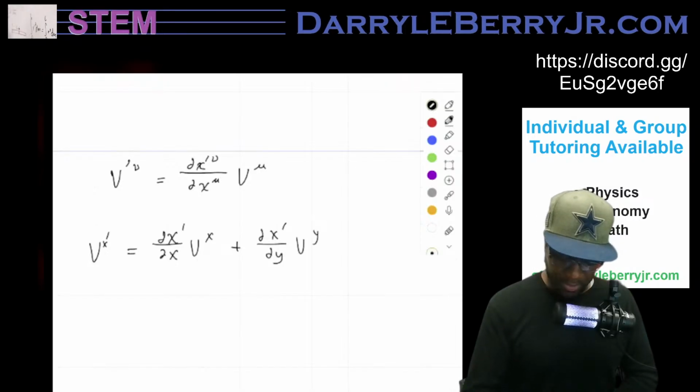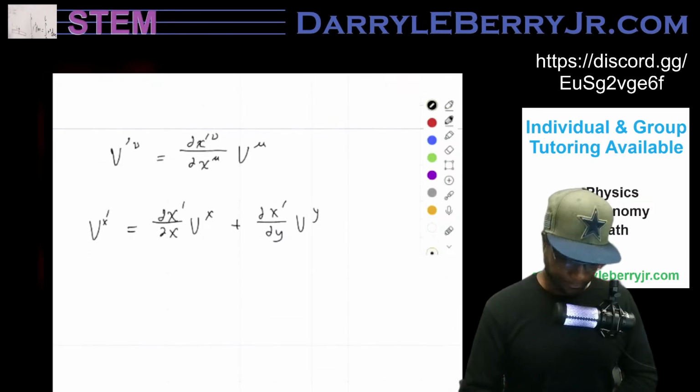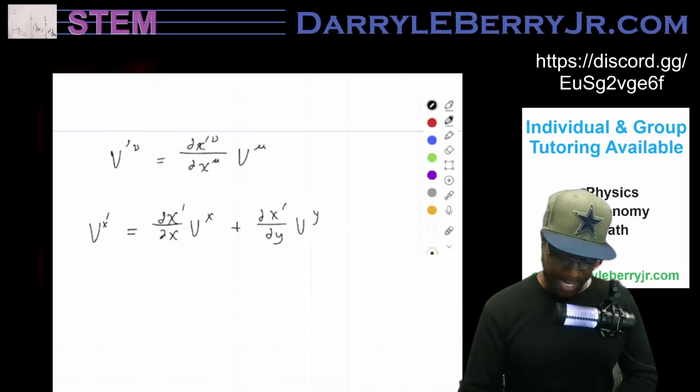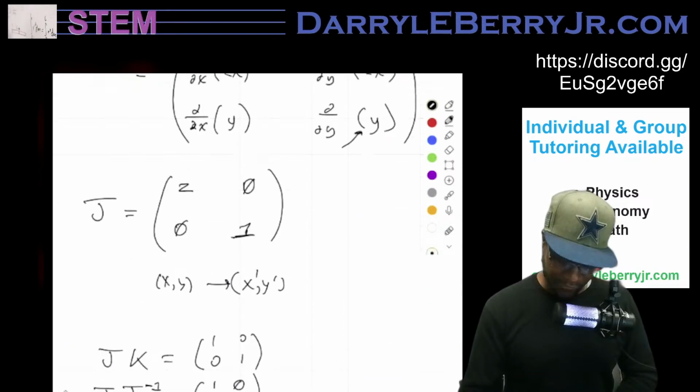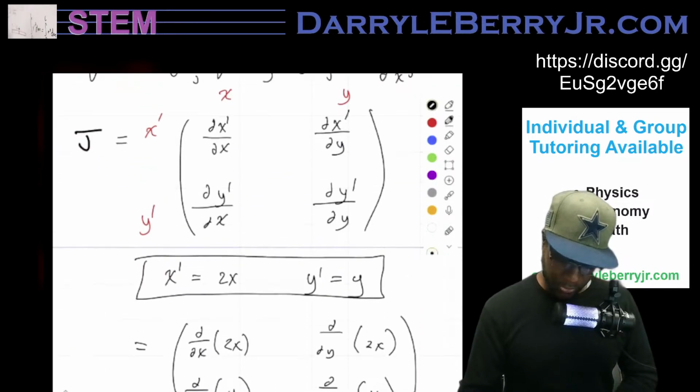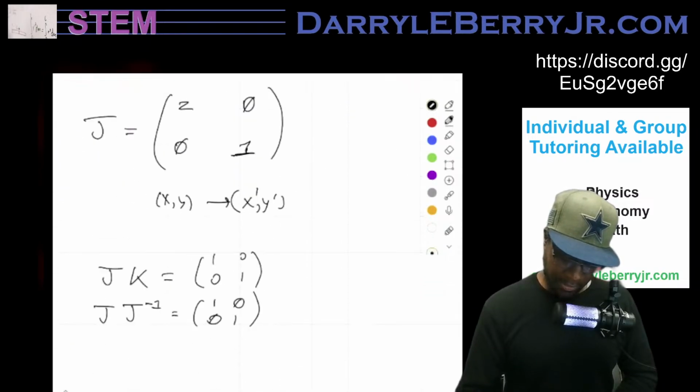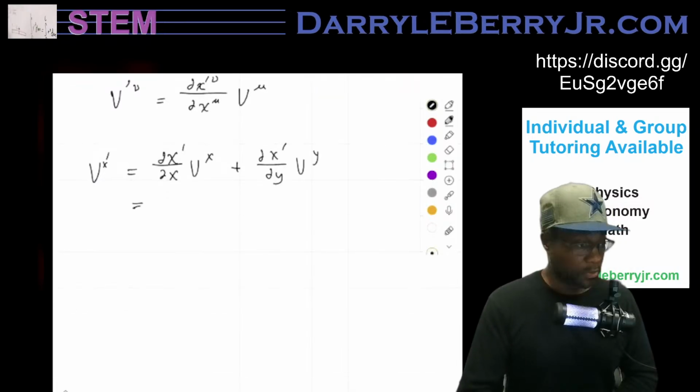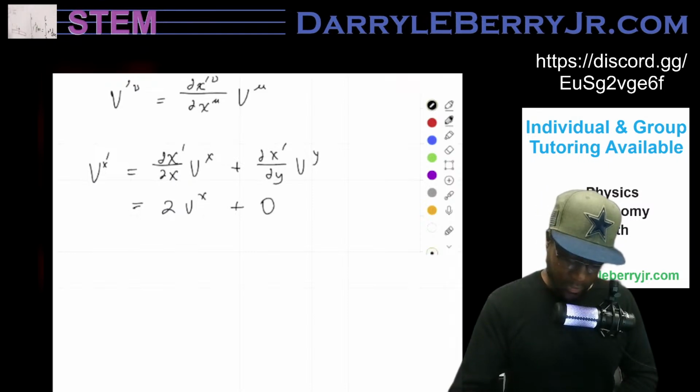And it probably would have been better for me to label that as i's and j's, but you could bear with me there. So if we look at this, all we have to do is plug this stuff in. Our partial x prime over partial x is 2. So this is 2 vx plus, and the other one was 0 vy.